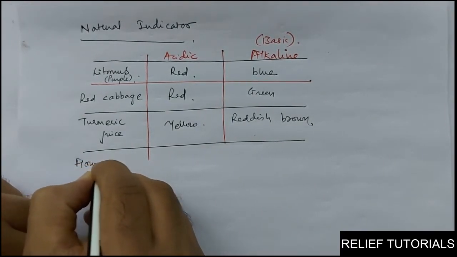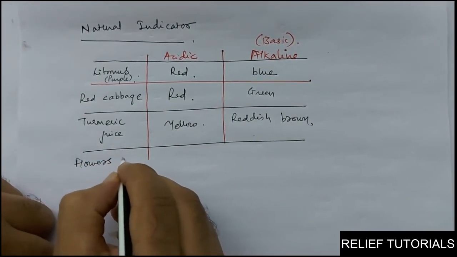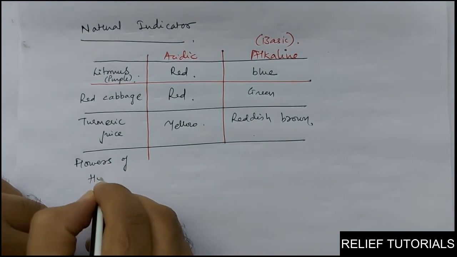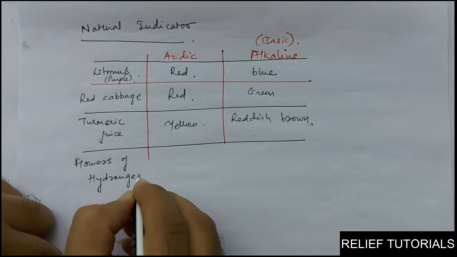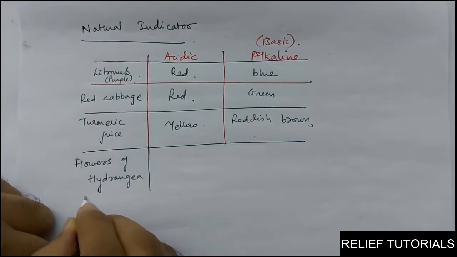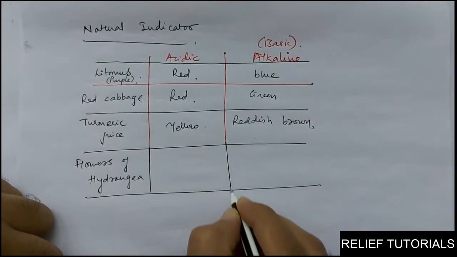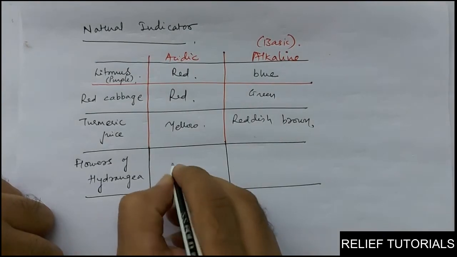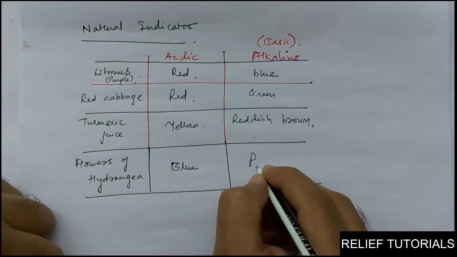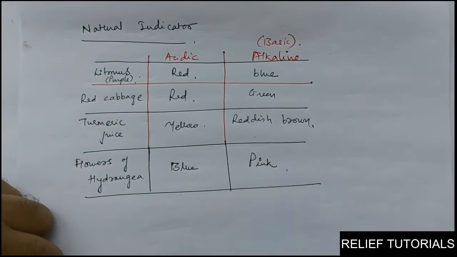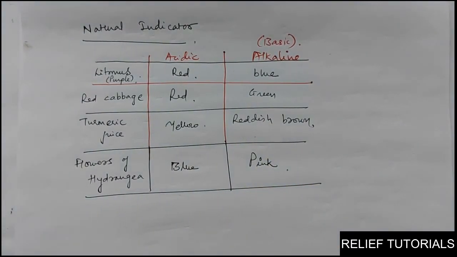Flowers of the hydrangea plant become blue in acidic medium and turn to pink in basic medium. You don't have to remember all of them.